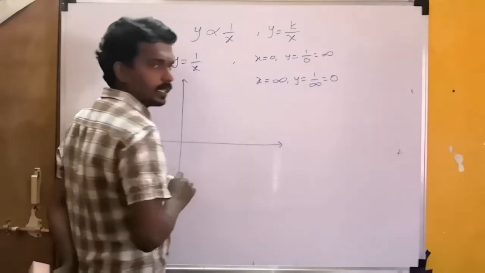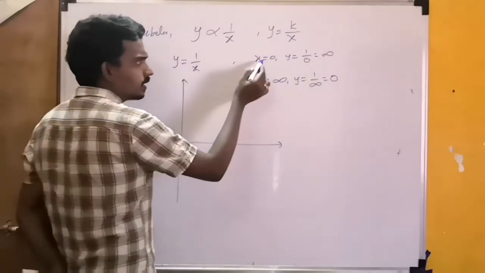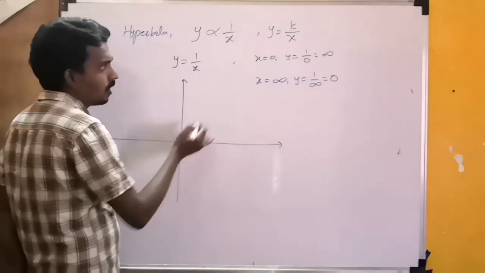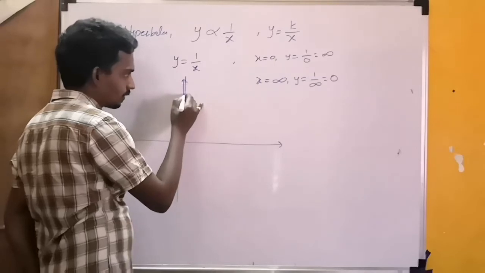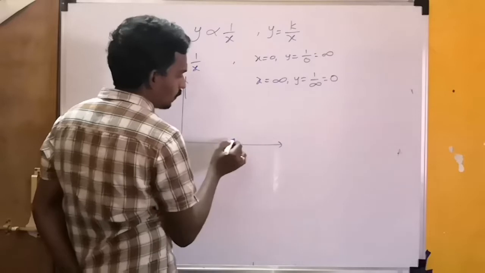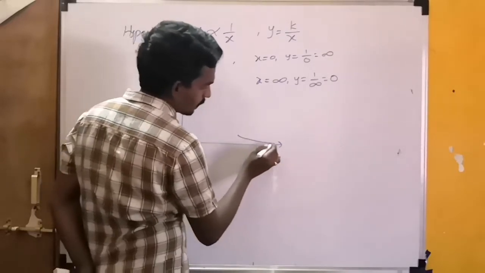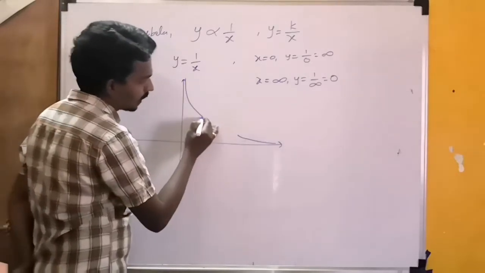That means when x is becoming 0, y will go to infinity. When x is going to infinity, y will become 0, like this. So here the graph looks like this.